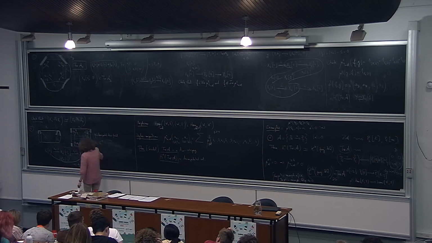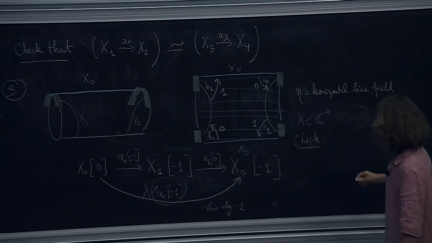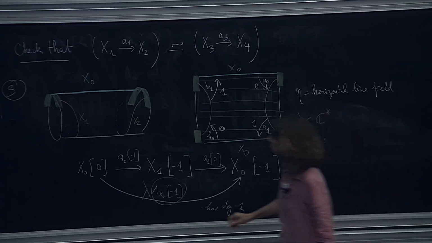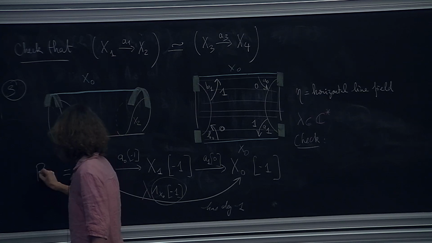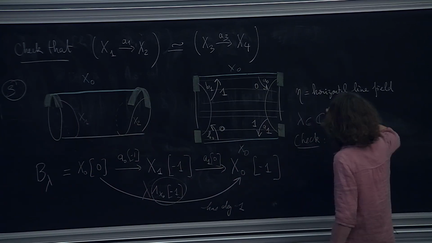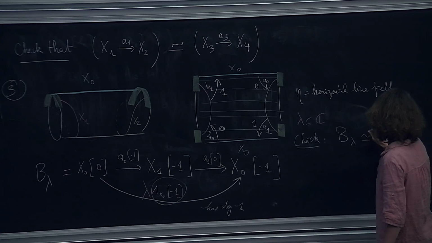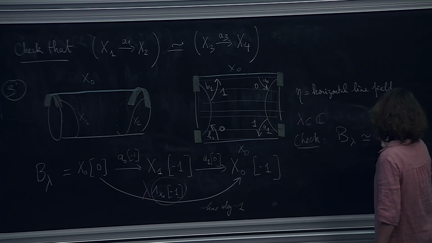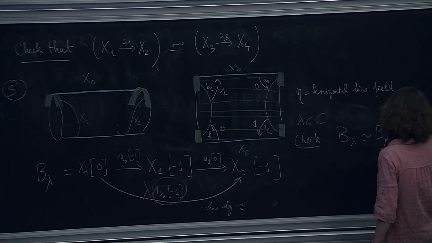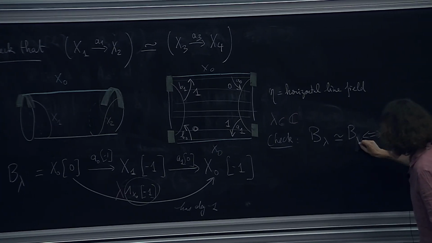So what you can check is that this object, maybe I give it a name, B lambda, where I allow lambda to be in C, so I allow lambda to be 0. B lambda is isomorphic to B lambda prime if and only if lambda equals lambda prime.